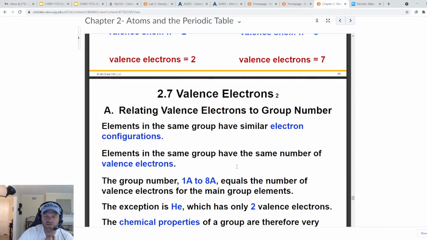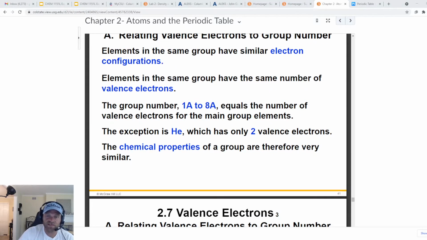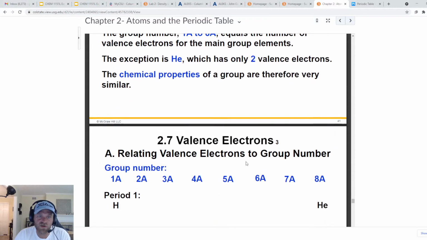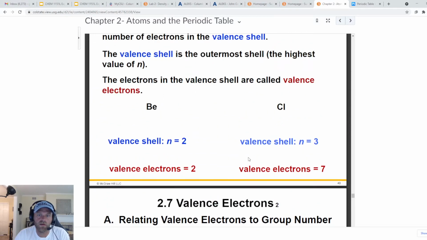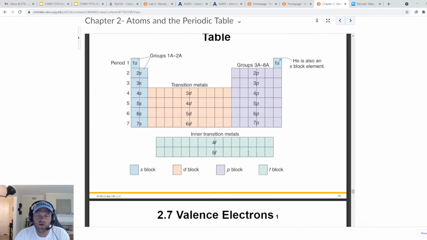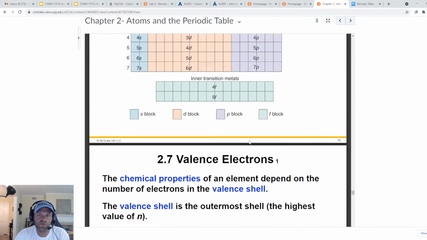Valence electrons. Okay, so now this is kind of the nuts and bolts of electron configuration. All of this, we use it to kind of identify electrons, but when we start talking about reactions, you want to focus on valence electrons. So what a valence electron is, are the electrons on the outermost shell.